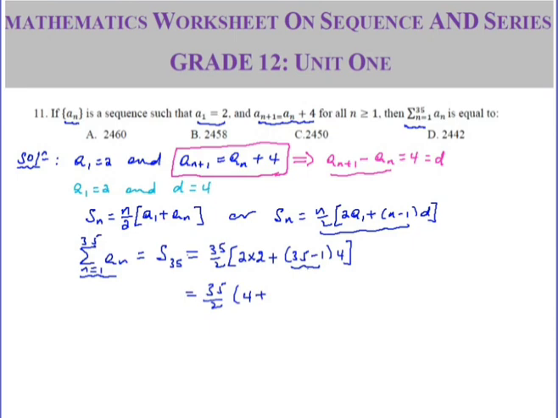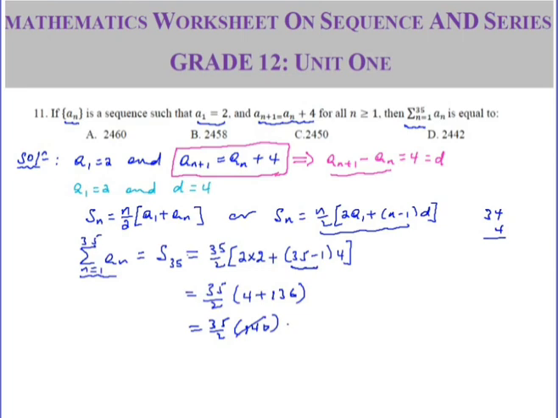I mean, this is 34. 34 times 4 is 136. So this becomes 35 over 2 times 140.